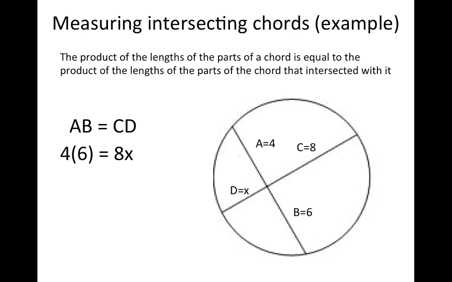I plug it in. So 4 times 6 equals 8 times x, or 8x. Multiply that out, I get 24 equals 8x. Divide both sides by 8, and finally I get my answer of 3. So the length of that chord segment there is 3.